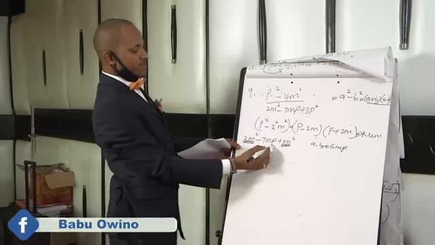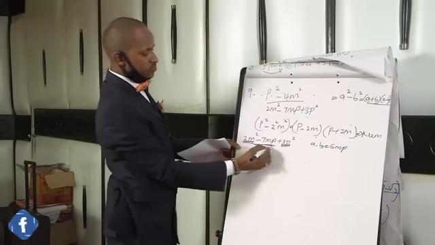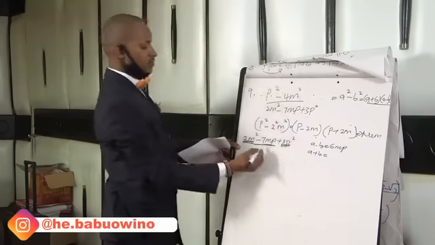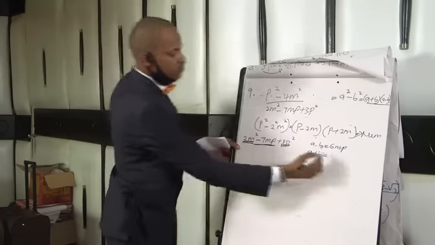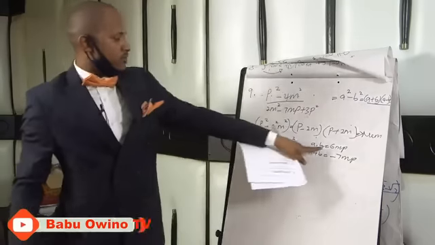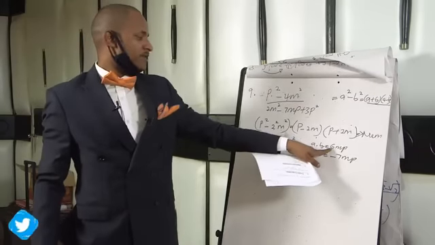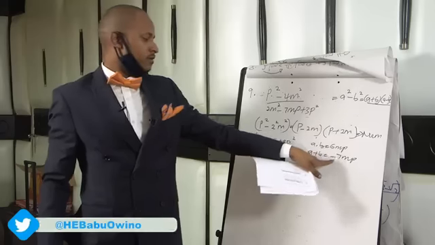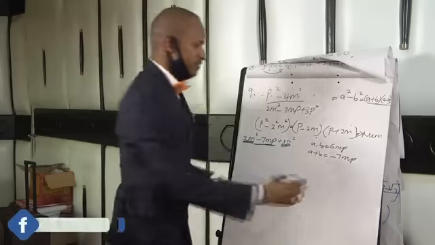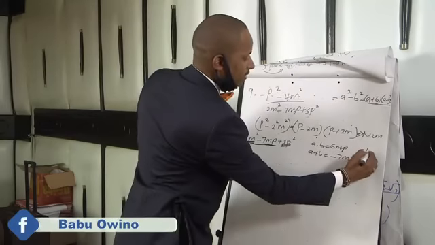But when you add the same two numbers, let the numbers be a and b, they give you minus 7mp. So we need two numbers that when we multiply give you 6, when you add give you minus 7. The numbers are minus 1 and minus 6.